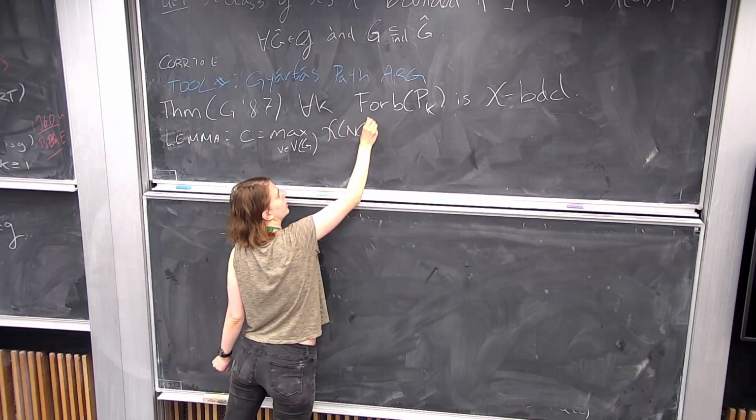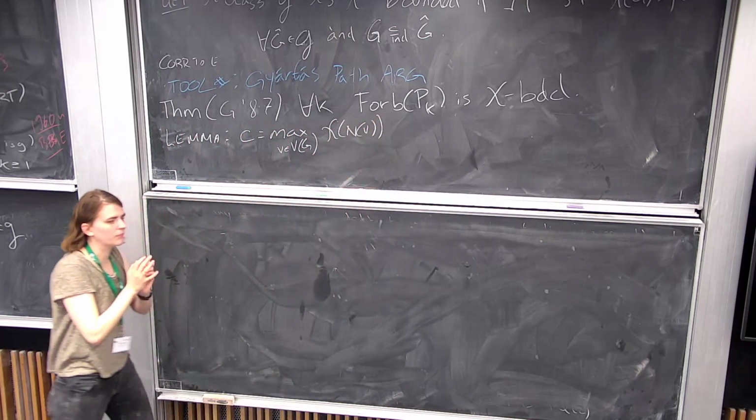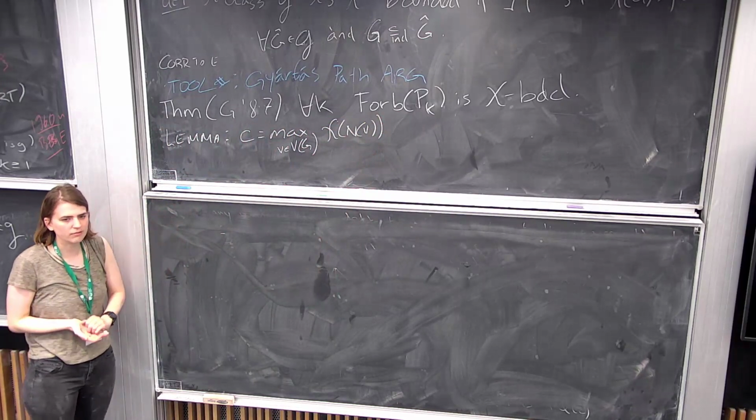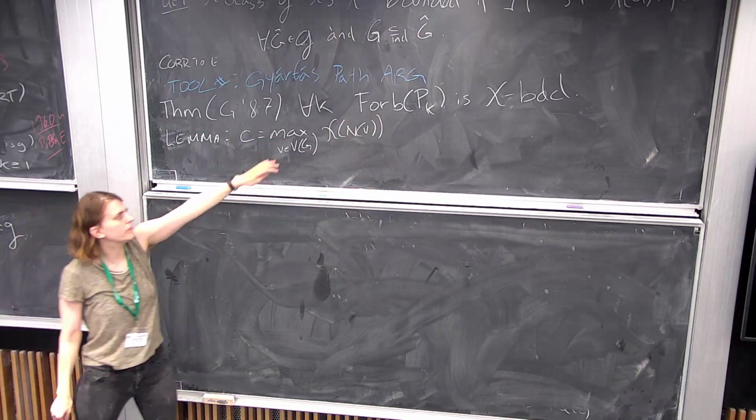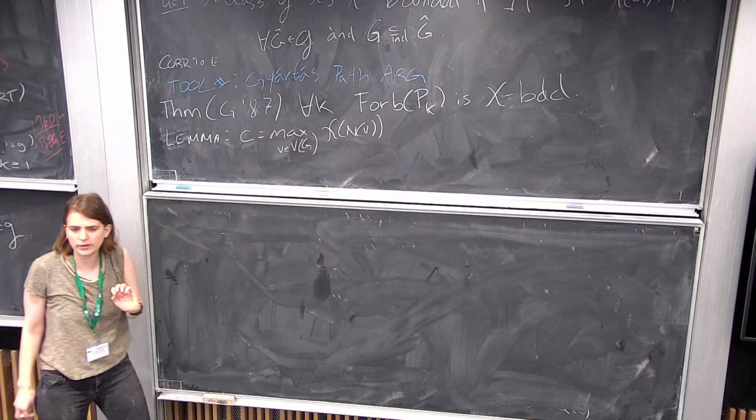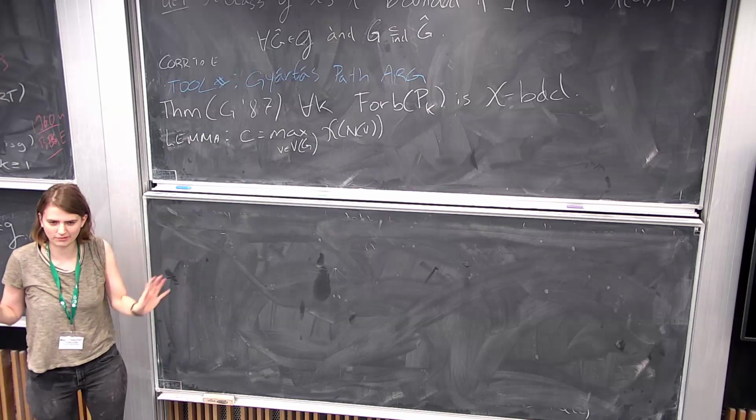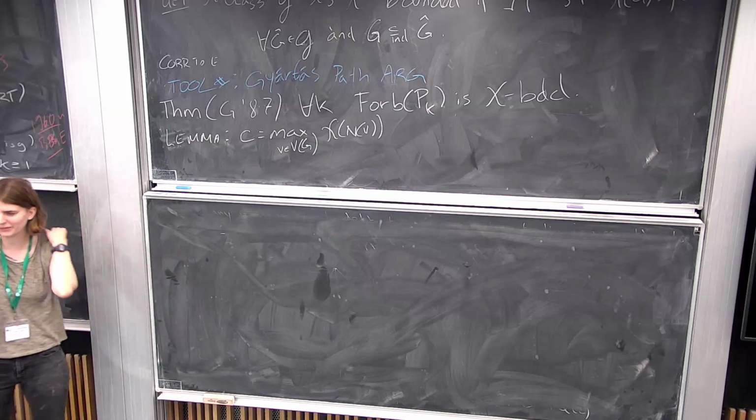So the maximum chromatic number of the graph that any vertex sees. Throughout this talk, I'll be conflating graphs and sets of vertices when I write chi, because everything is induced anyway. There's no possible other containment relation in the world.